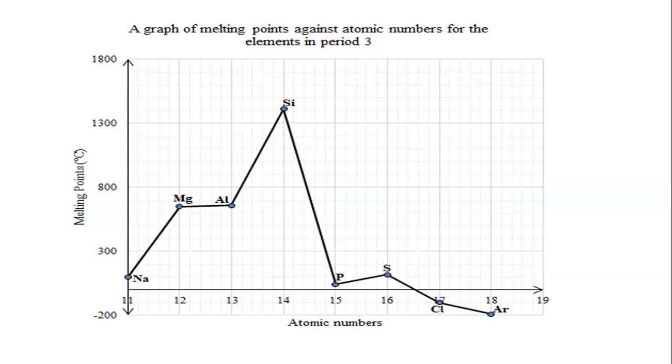That's the general trend you can state. It can earn you 1 mark or 1.5. So it increases from sodium to silicon, and then decreases to argon, with sulfur having the higher melting point than phosphorus.